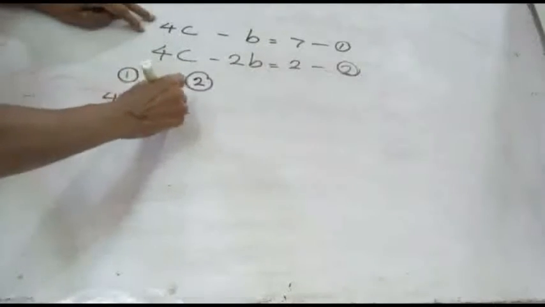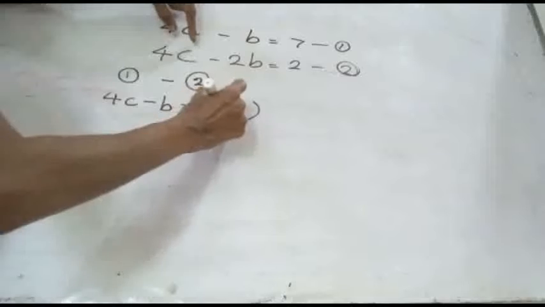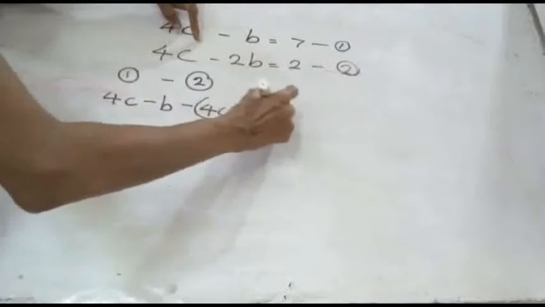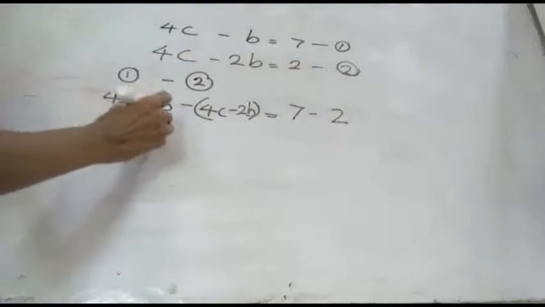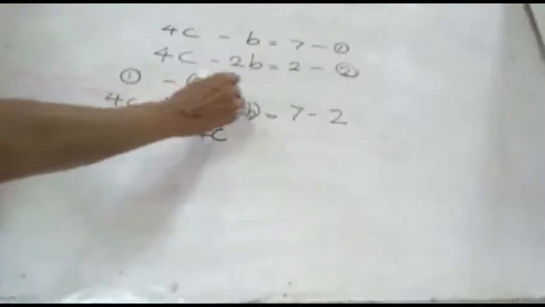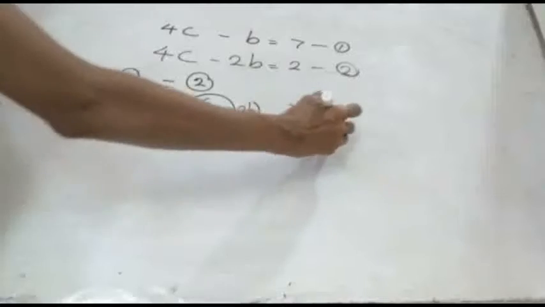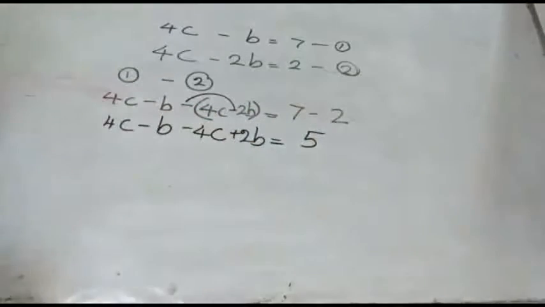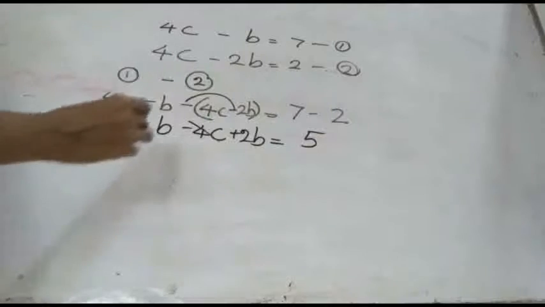First equation subtract second equation. 4c subtract b, subtract 4c subtract 2b, is equal to 7 subtract 2. Negative, negative, positive 2b is equal to 7 subtract 2, which is 5. 4c and 4c cancel out.